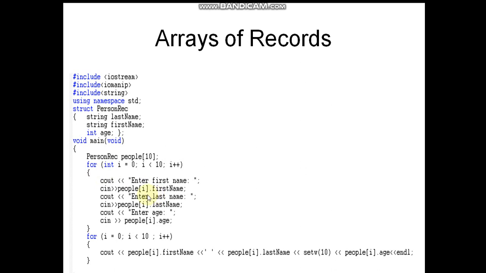Here we have used the for loop. It starts from 0 and goes up to 9. So I have guided the user to enter the first name. So in the first 0 slot, the first record is being stored. Then i is incremented, so i value becomes 1.